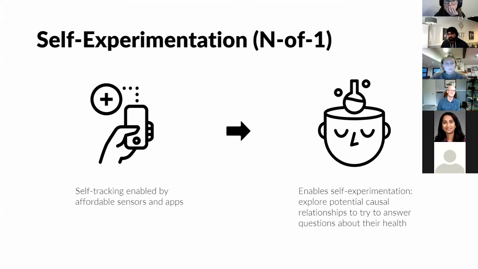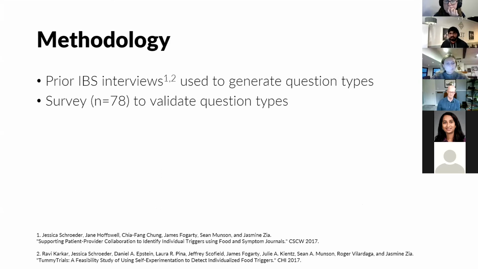But when we are building tools to support such self-experimentation, we first need to understand what are the different types of questions that people have regarding their health and from the data they're collecting. To explore this, we first turned to two prior studies that we had conducted in the space, where Jessica Schroeder led the work on building a visualization platform for understanding the relationship between different nutrients and the symptoms they were triggering in an IBS population.